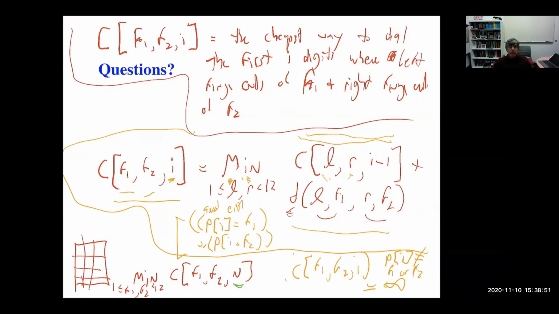But the basic question is, to dial the first I digits, I need to know what the cost was to dial the first I minus 1 digits with my fingers in all different positions. And the cost was then going to be the cost of getting to a state plus the cost of the change of that state, which is measured in terms of distance, enforcing along the way that I type the actual number.